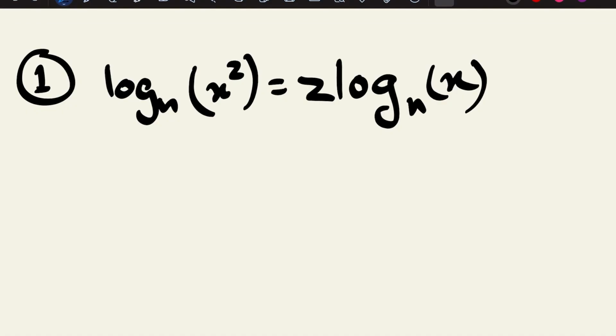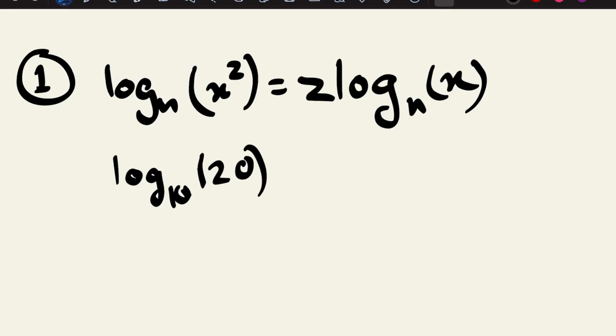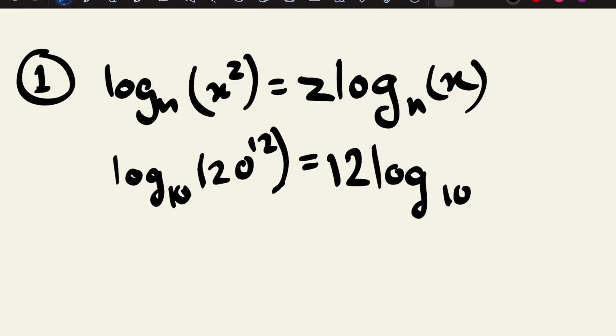So that is our first identity. What this basically means is that if we've got log base 10 of 20 to the power of 12, we can write this as 12 log base 10 of 20.